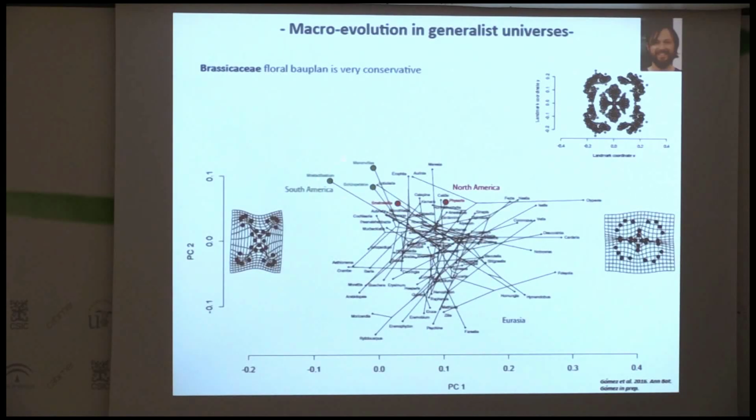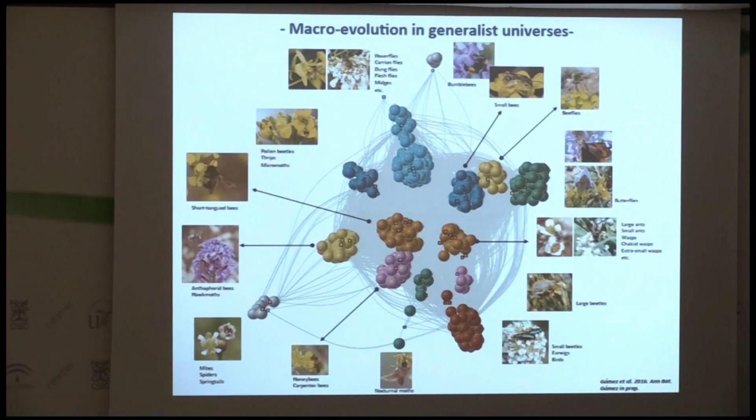These are the South American genera, the 2 North American genera I have, and the rest of the genera are from Eurasia. You can see that they are not very spread on the morphospace. But even so, what I found is that, again, this Brassicaceae pollinator network is modular. These are the number of modules I was able to detect in this network I'm compiling. There are many, many modules. Okay?